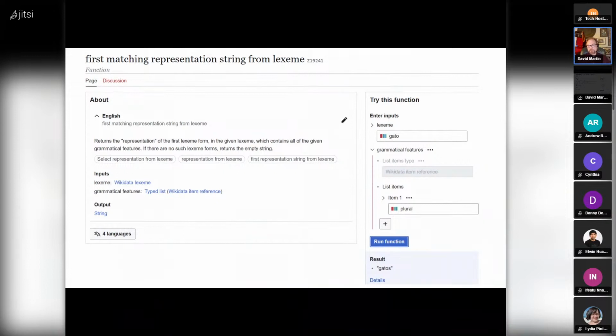So here we're giving it the lexeme for gato, which we've previously fetched from Wikidata, and we're asking for the representation for the plural form of that word, and the function pulls it out from the lexeme and tells us that the string we're interested in is gatos.